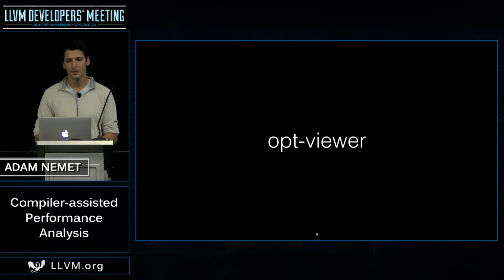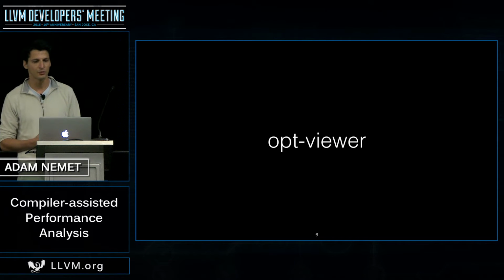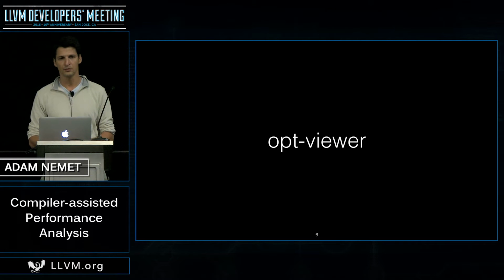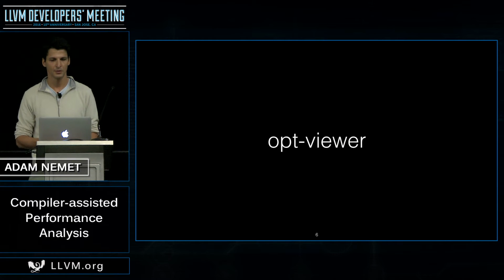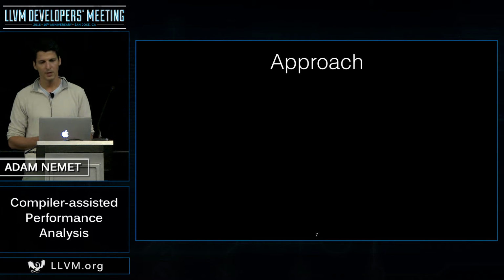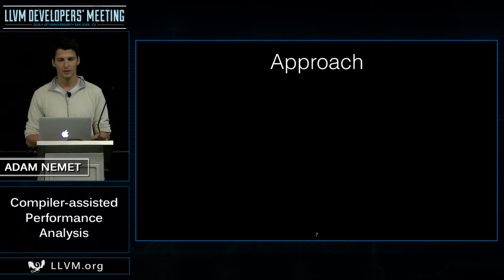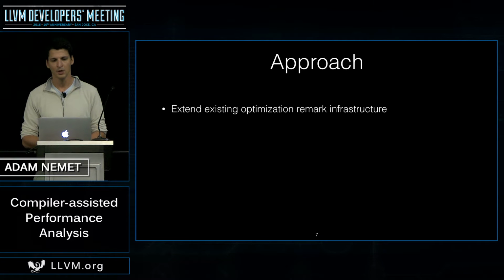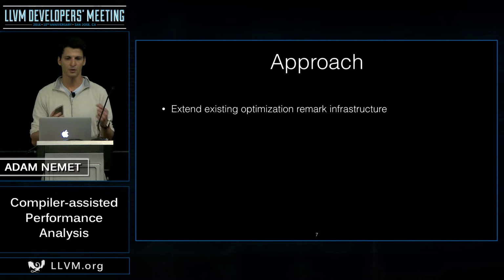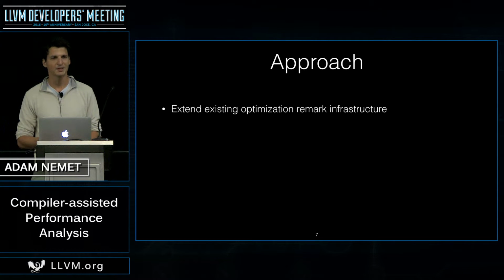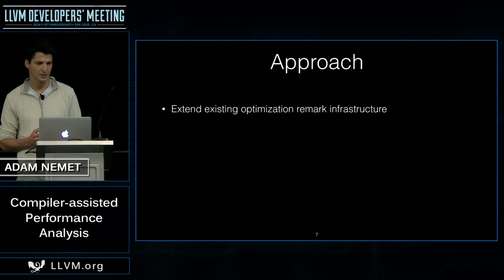So I began implementing these ideas in a new tool I call Optimization Viewer, or OpViewer for short. And this is available upstream. So my approach in designing this tool was to build on top of the existing optimization remarks, so the whole RPass infrastructure, but extend it in two ways.